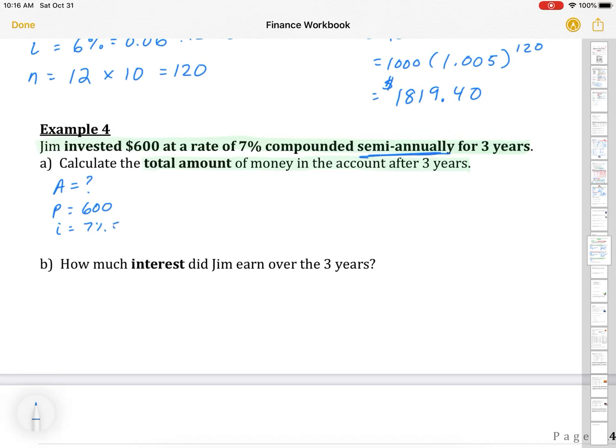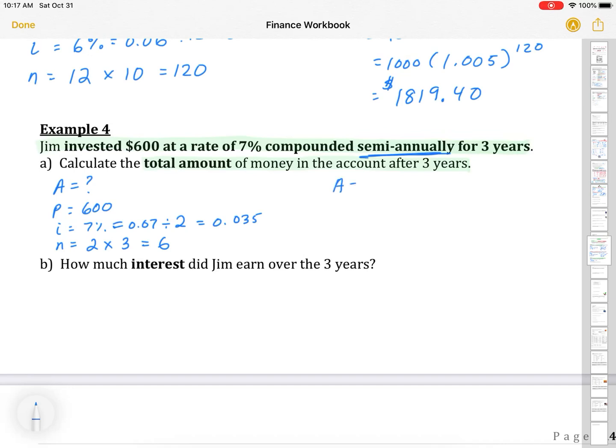So, well, actually, let's turn it into a decimal first, then divide it by 2, since semi-annually means it's compounded twice. So we get 0.035. And then our n, compounded semi-annually, so twice a year times 3 years. So that would be 6.